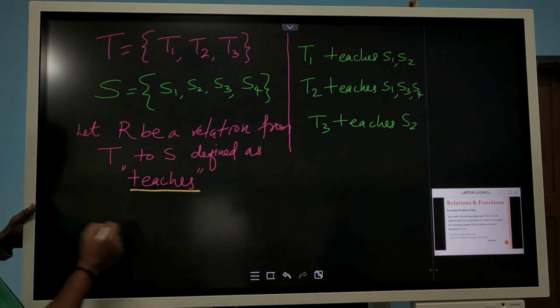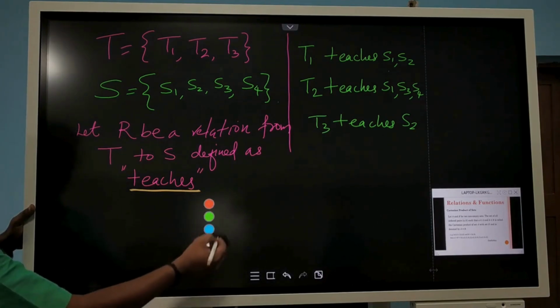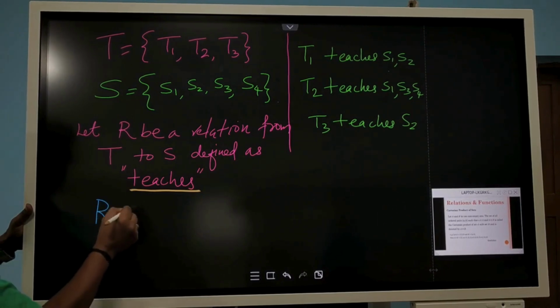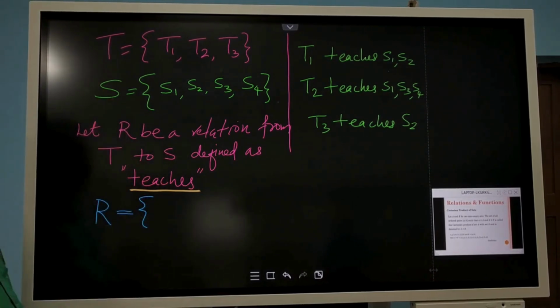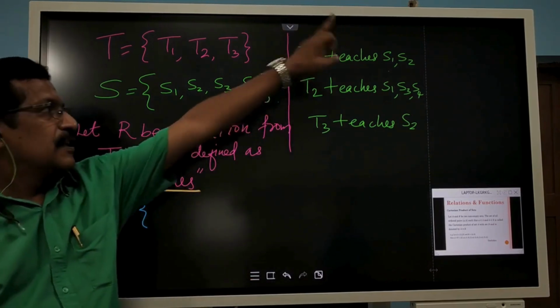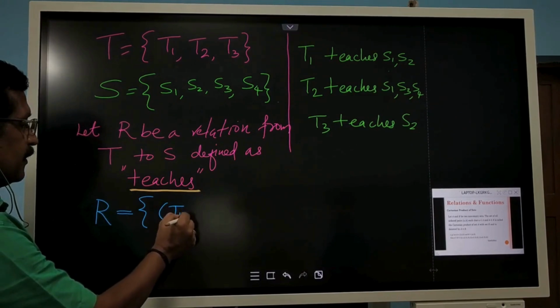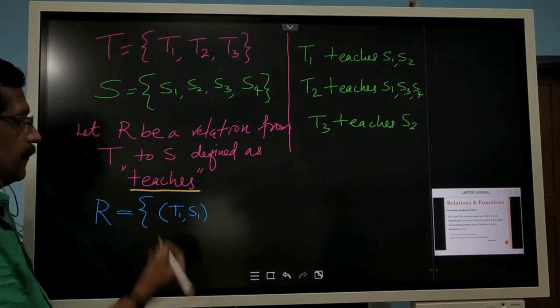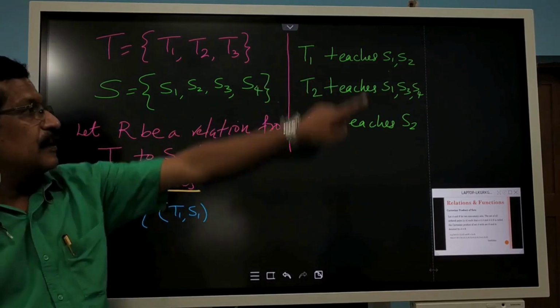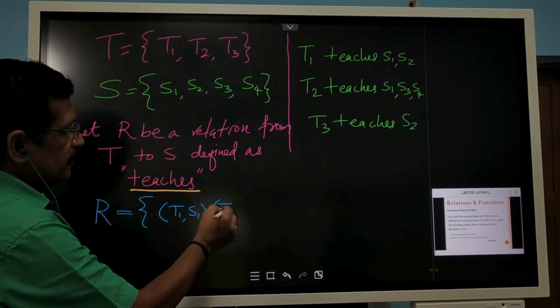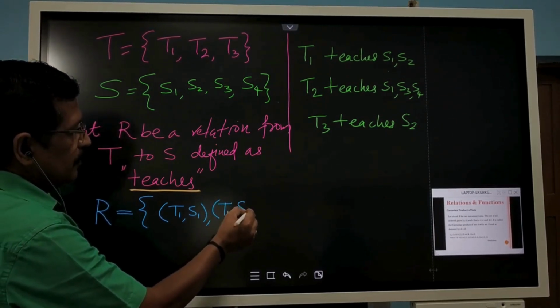So what will that be? R is equal to such a form. Teacher 1 teaches S1, so I can write it as ordered pair T1 S1. Teacher 1 teaches S2, student 2, so ordered pair T1 S2.